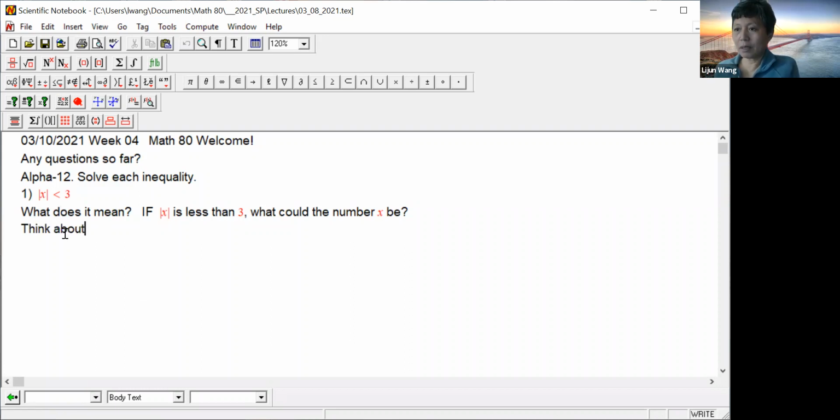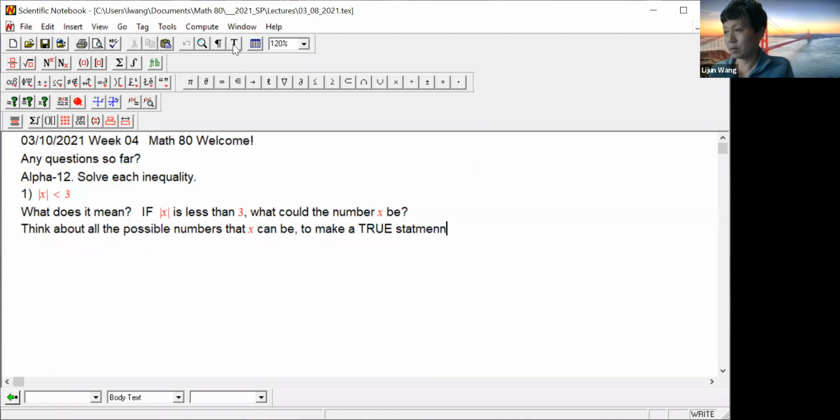If you start to think about all the possible numbers that x can be to make a true statement for this inequality, we realize there are many, many such numbers.